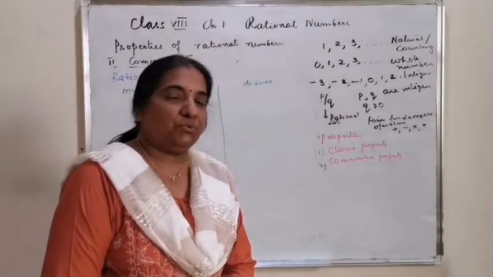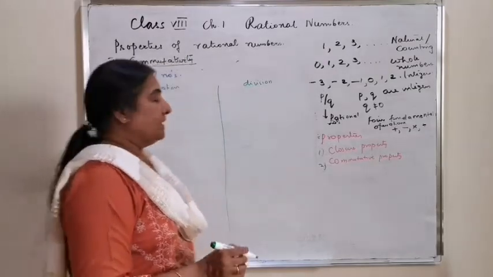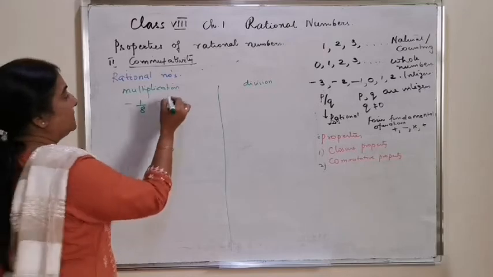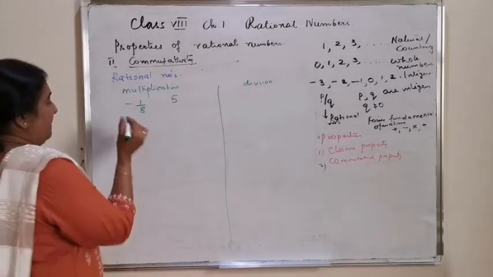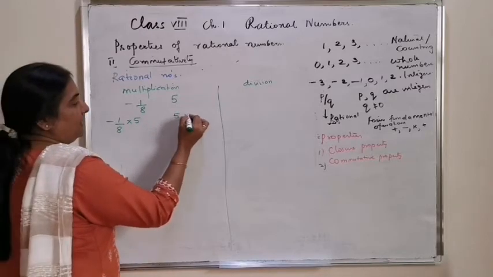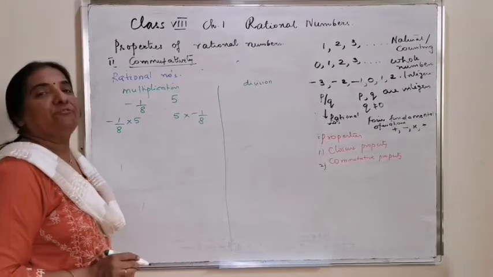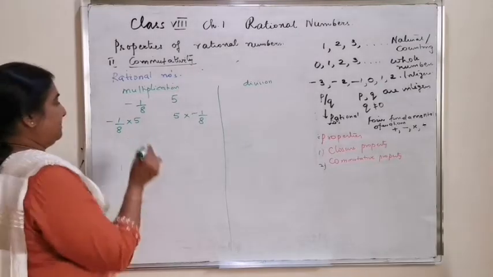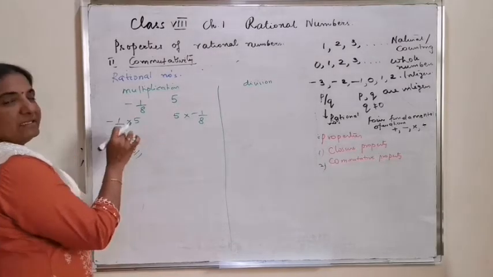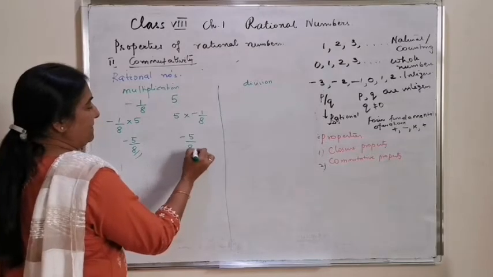Let's check with two rational numbers for multiplication and division. Take the two rational numbers minus 1 by 8 and 5. Minus 1 by 8 into 5, and 5 into minus 1 by 8 should give the same answers if they have to follow the commutative property. Minus 5 by 8, since it cannot be simplified, and here also minus 5 by 8.